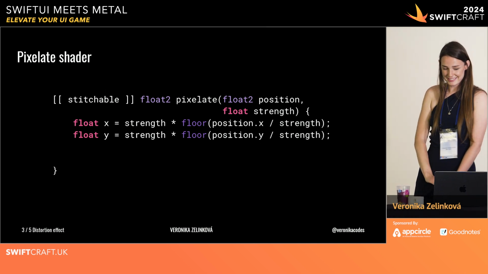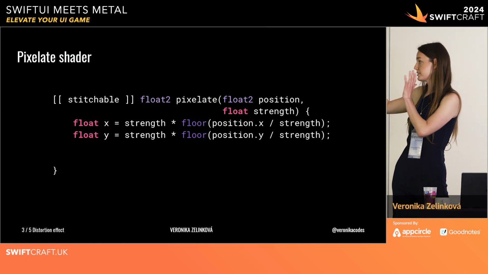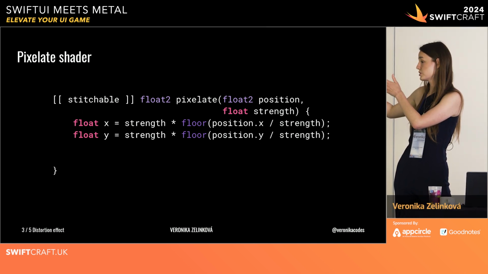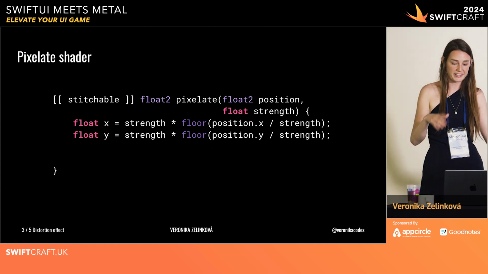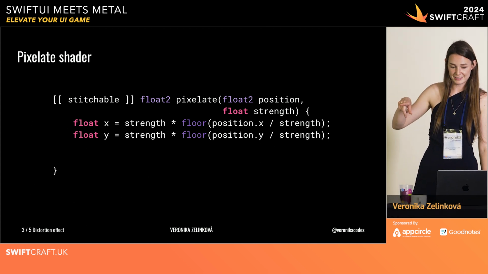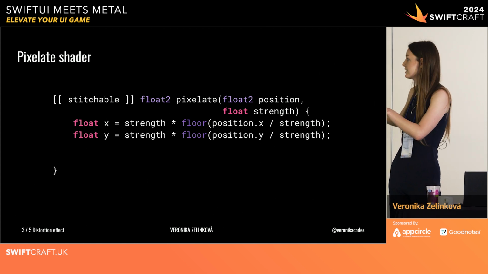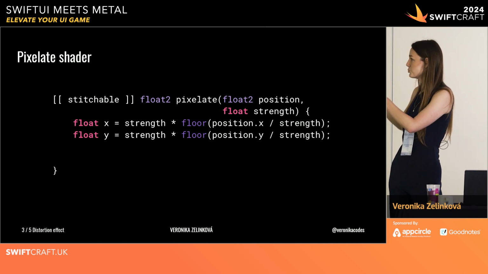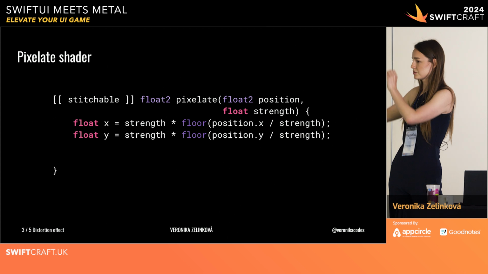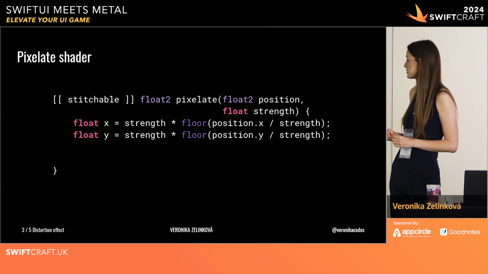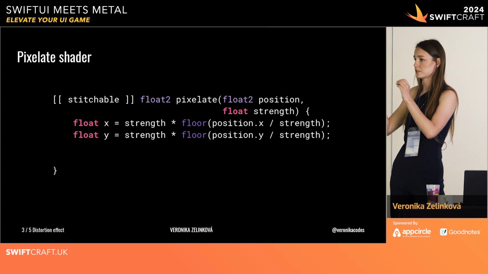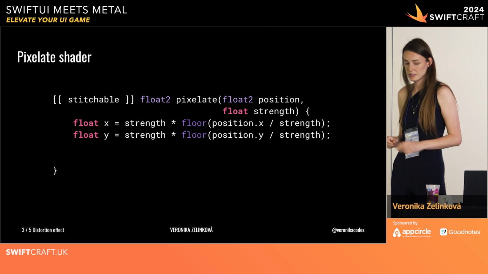And we can do it very easily by dividing it by the strength for the number of groups and also multiplying it. But when we divide it, we floor it, which means we round it down, which moves the sampling to the top left corner of the group. And when we multiply it back, the new position is a little bit shifted.